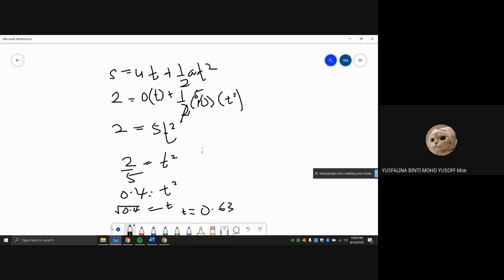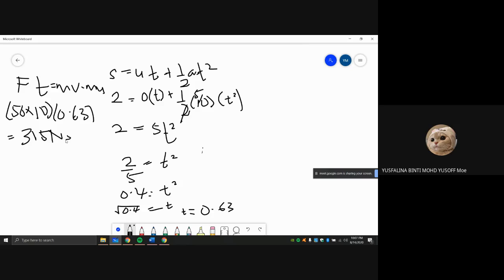Okay, and then the next one is still not finished because you want to find the impulse, right? So Ft is equals to mv minus mu. You already got the time here, right? And where you want to find the force, you use the mass and change it to Newton. So 50 times 10 here, I change to Newton, and then the time we already calculated, 0.63. So you got like 315 Newton second.